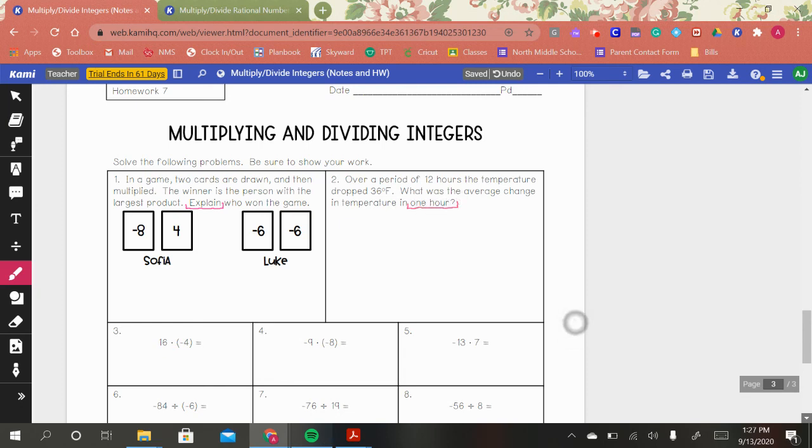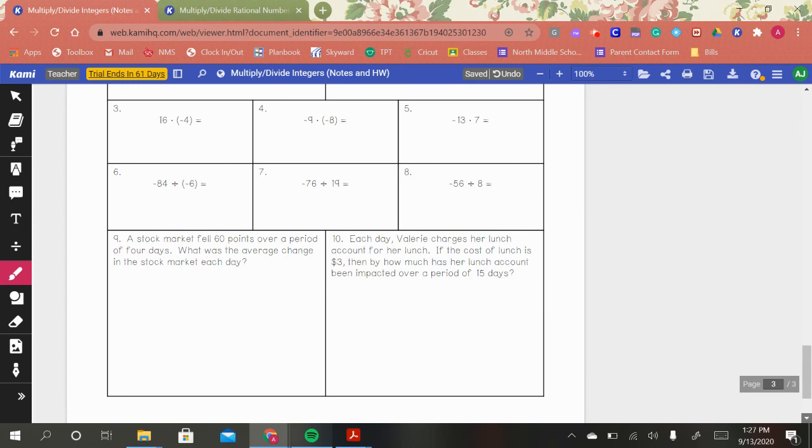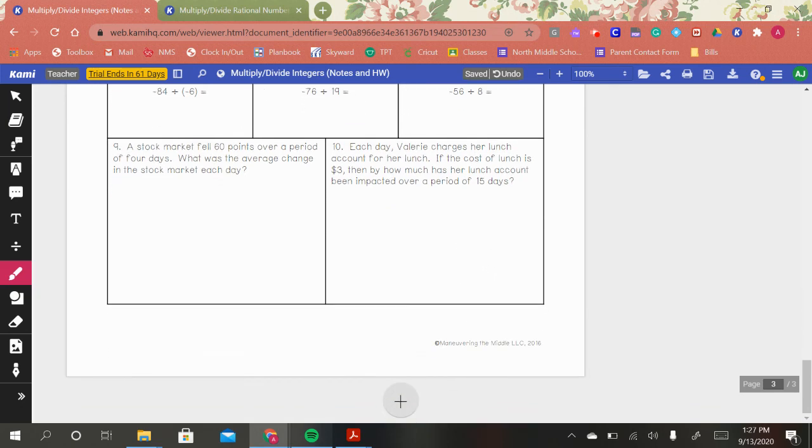Okay, so you will be dividing. We have simple multiplication, 3 multiplication problems for 3, 4, and 5. 3 division problems for 6, 7, and 8. And then on number 9, you're finding how much it changed per day, each day.